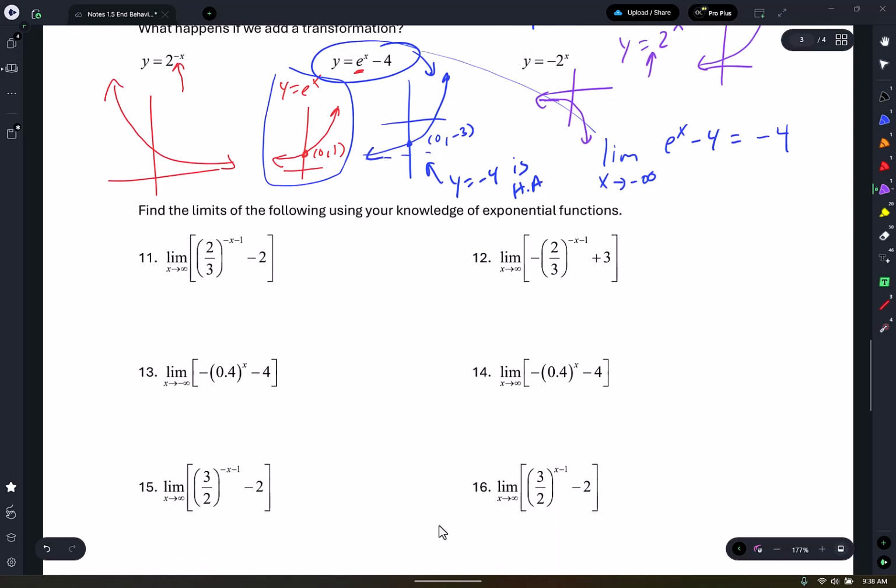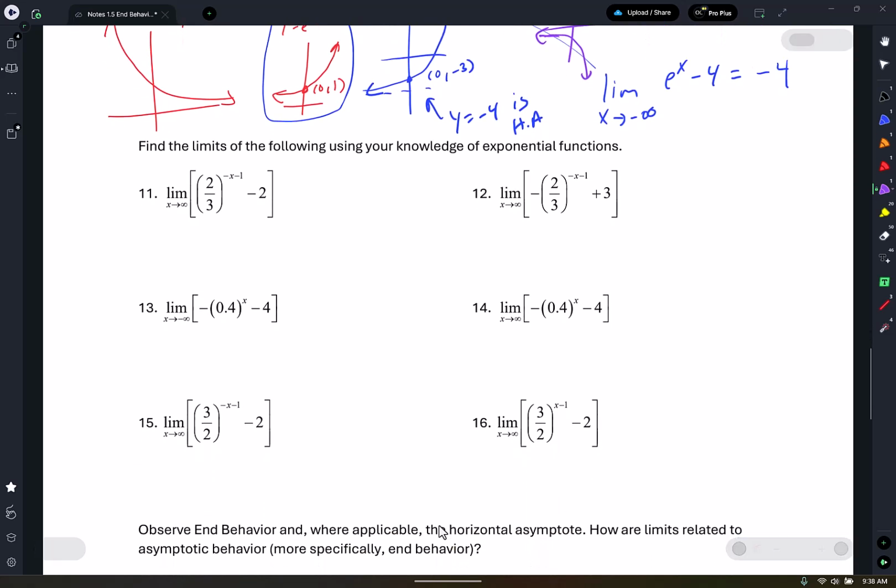All right, so here we go. Let's see if we can do this without a calculator, and if we need to use a calculator, we will. I'm approaching infinity. I have 2/3, and I have the negative x. So that negative x is like saying 3/2 to the power x. So as x gets larger, what do you think happens? Yeah, it increases.